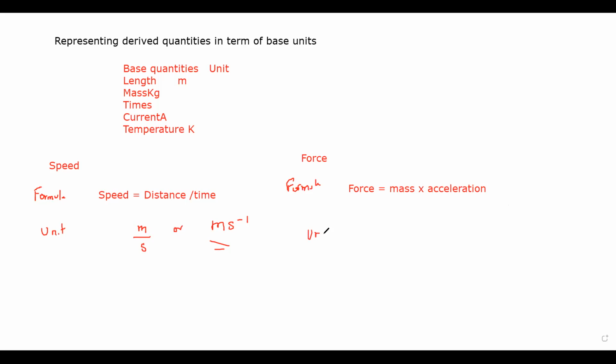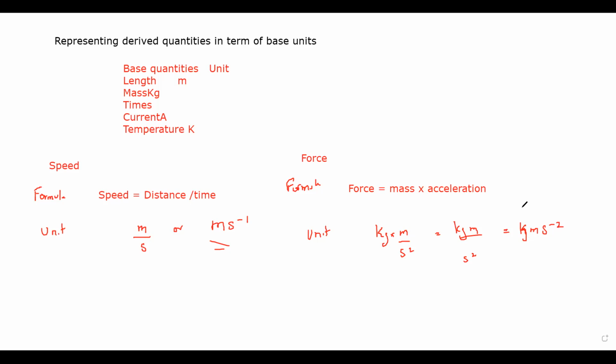Then when we represent it in terms of units, the unit of mass is kilogram, and the unit of acceleration is meter per second square. So when we simplify, it will be kilogram meter per second square. But this second will move to the numerator, so it will turn out to be kilogram meter second raised to power minus 2.